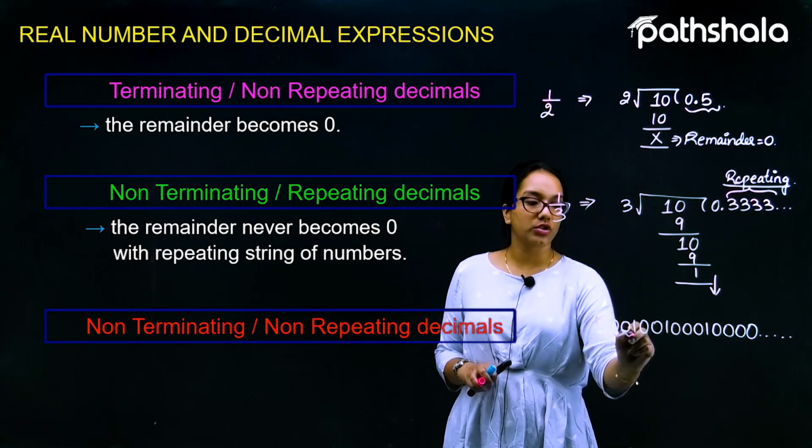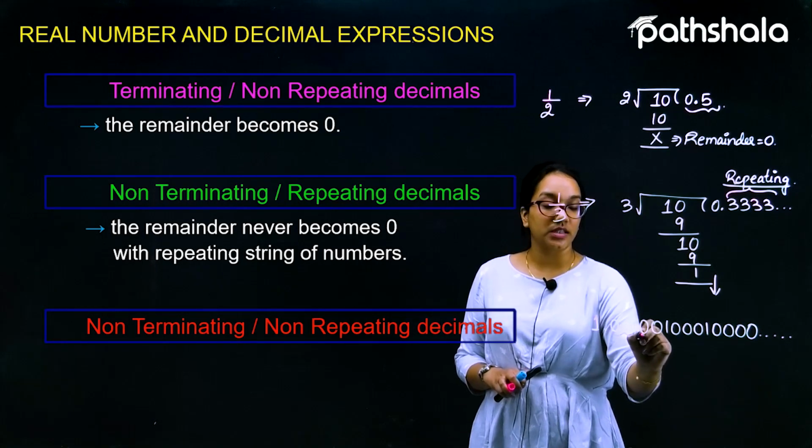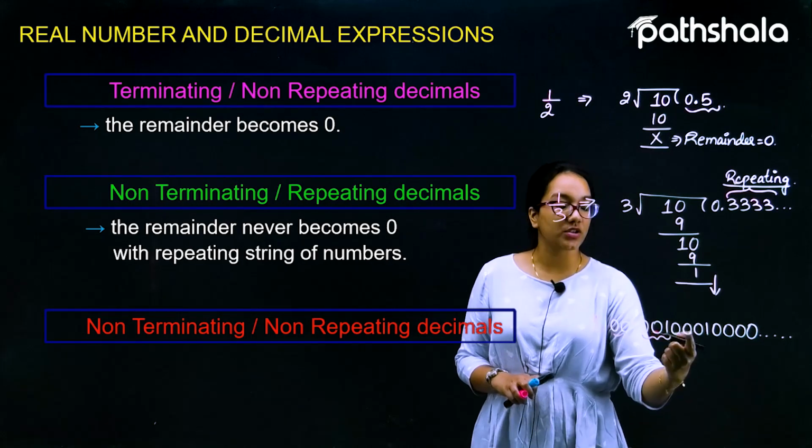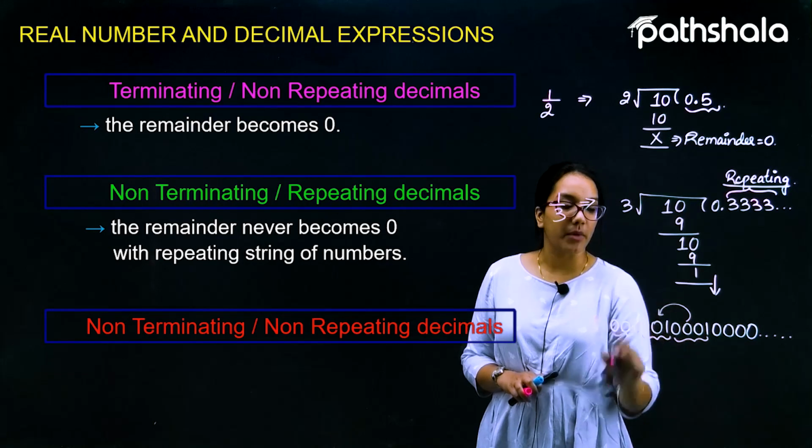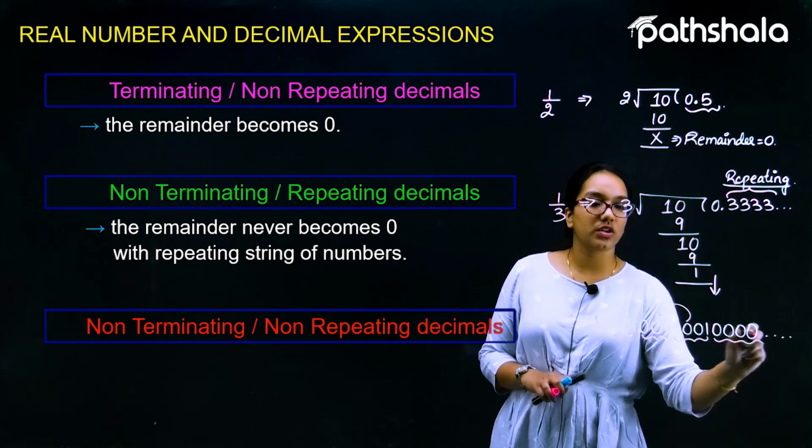There are 2 zeros, then 1, this is 001, but again the number is not repeating itself because it is 0001, which is quite different. Then again 000 and so on.